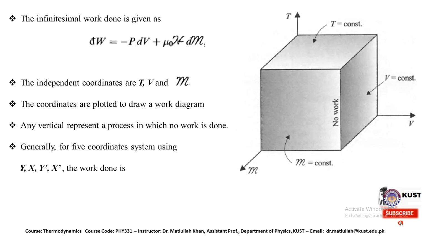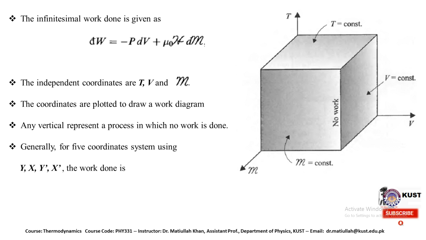So the vertical axis represents a process in which no work is done. We have 5 coordinates in this case. The coordinates are drawn rectangularly with each other, and it is like V, T, and M. M is the magnetization, V is the volume, and T is the temperature. We have different curves for that.